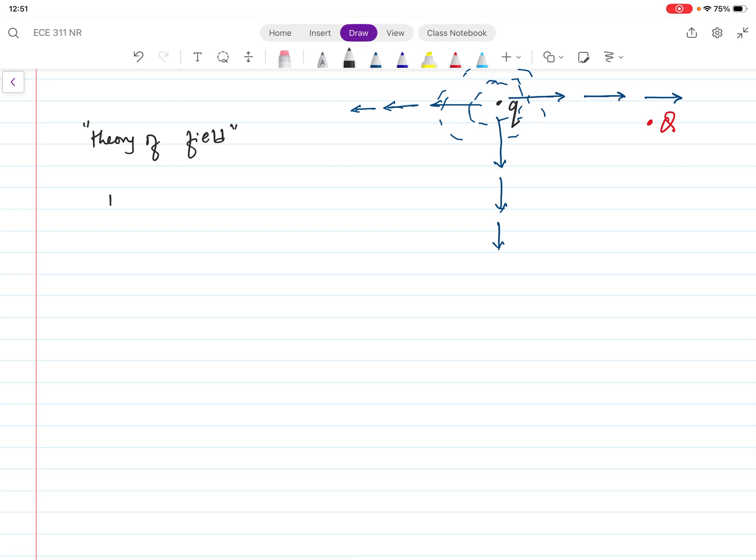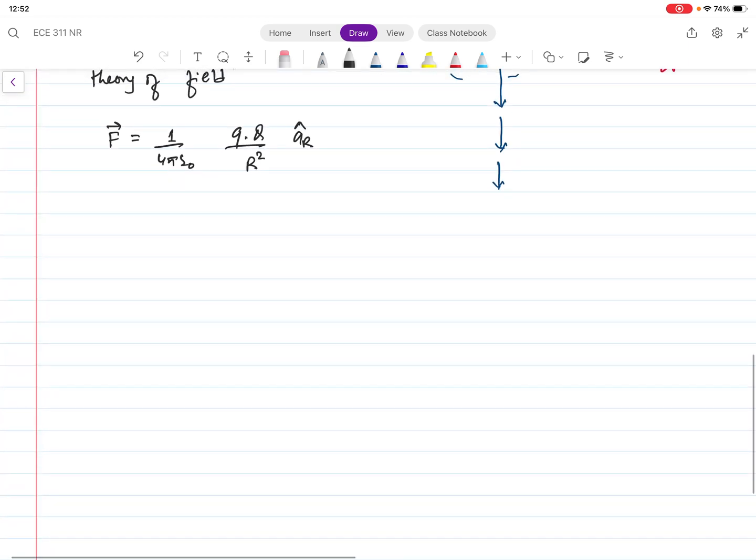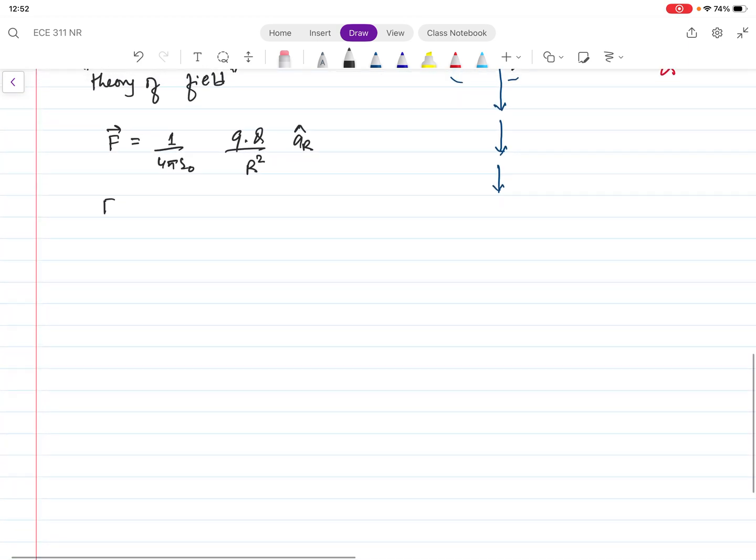So let me start with F equals 1 divided by 4 pi epsilon 0 times q times Q divided by r square a r hat. But now I'll just say F divided by q, where q is the test charge, equals 1 by 4 pi epsilon 0 Q over r square a r hat.